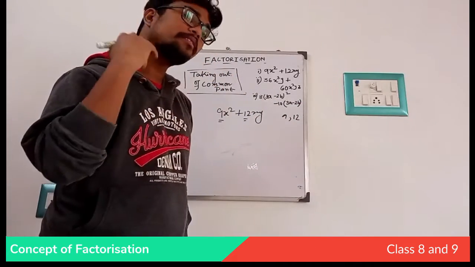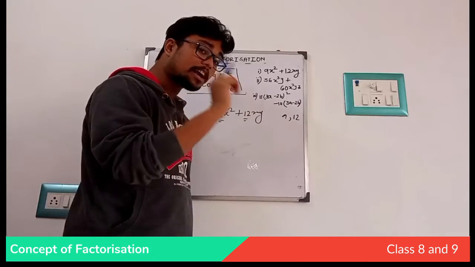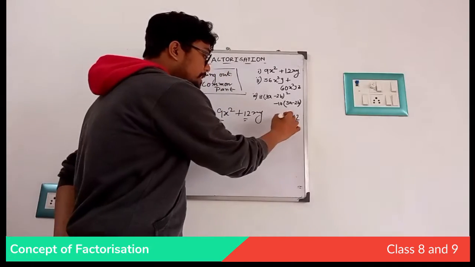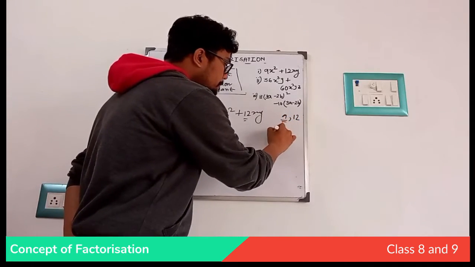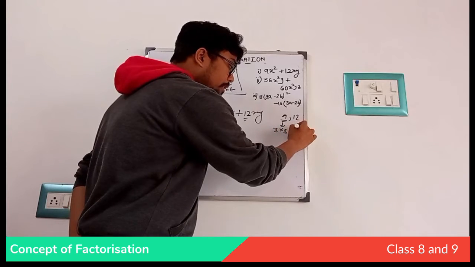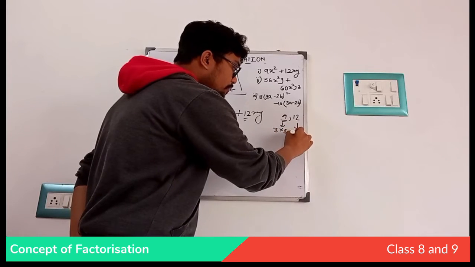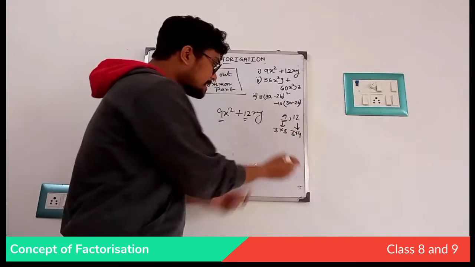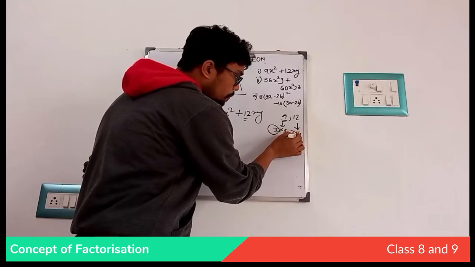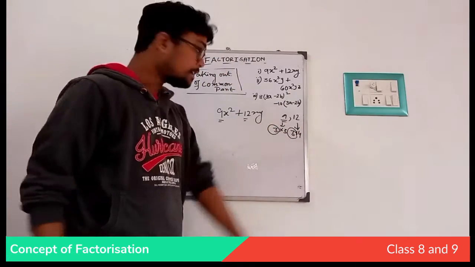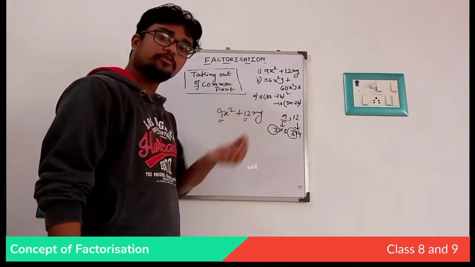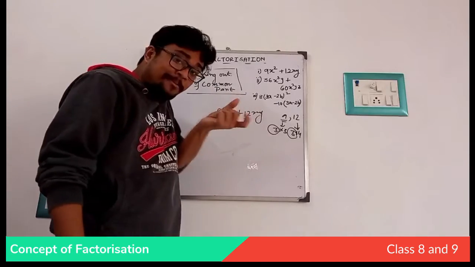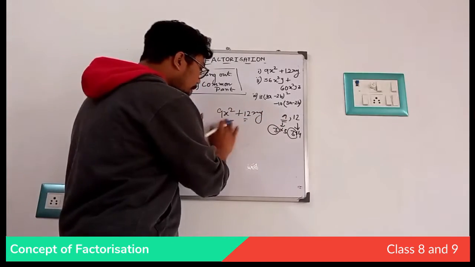What is the common factor in 9 and 12? In 9, we get 3 into 3. In 12, we get 3 into 4. So in this case, 3 is a common factor between 9 and 12. So I can take out the 3 from these two terms.